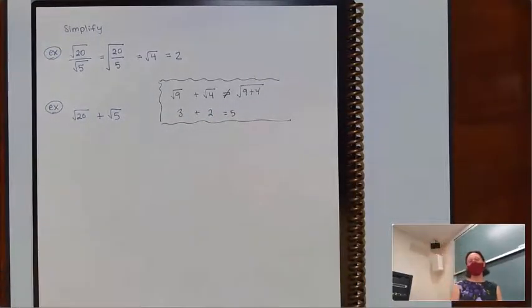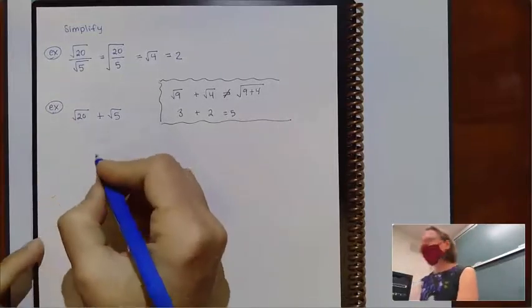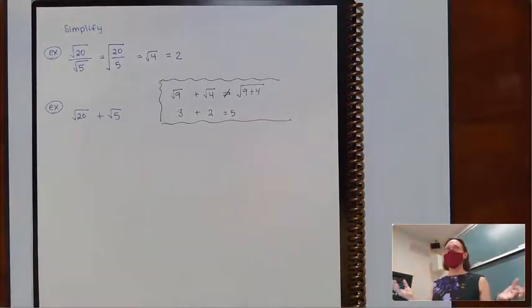Which means that if I had to simplify this, I'm going to try other tactics. So one tactic that I'm going to try is, yes, factoring. We love factoring. We factor with variables and we factor with numbers.